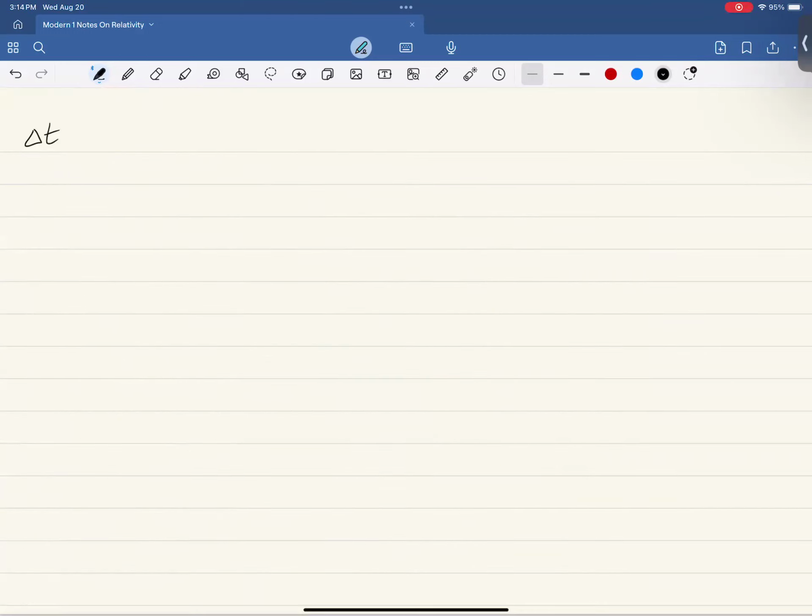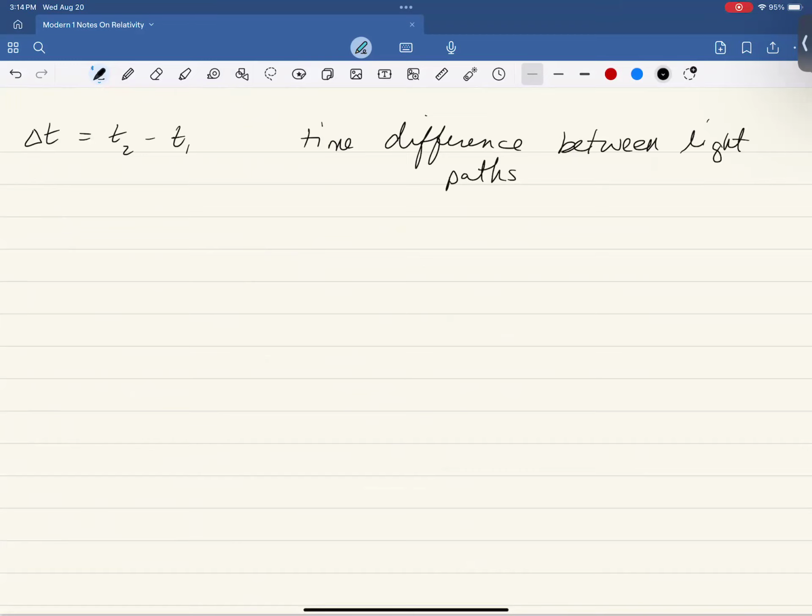So here we have delta T will be equal to T2 minus T1, and this is the time difference between light paths. And then that delta T will be equal to T2, which was 2L2C over C squared minus V squared, and then T1 was 2L1 over the square root of C squared minus V squared.